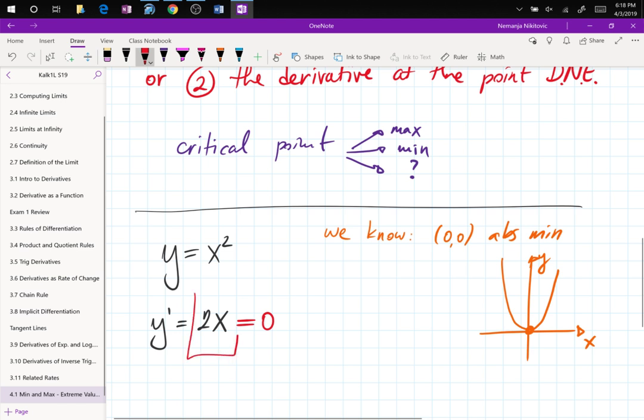Remember that this is a function which generates all slopes, and the only slope I want to generate is the 0 slope, which is horizontal slope, which means the tangent line there will have a max or a min. Solving this equation, x is equal to 0.